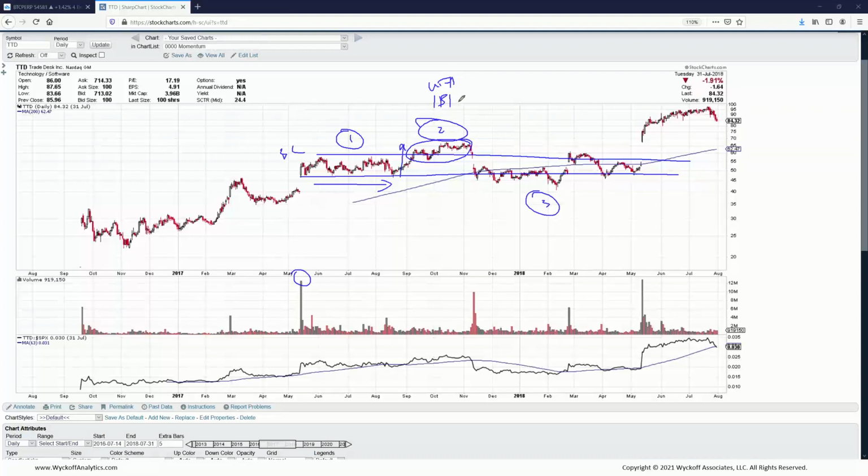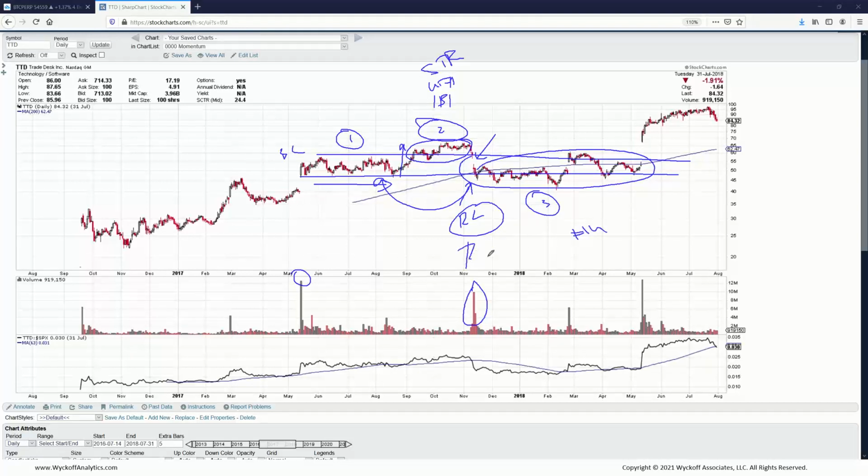That tells you about the strength of the structure, and that tells you that institutions are unwilling to depart from this position until some of them are actually given up and capitulate on news. But that news does not produce a big result. So the result is actually diminishing relative to the support. And then we go into another formation. So that's our scenario number four, which is still a reaccumulation scenario.